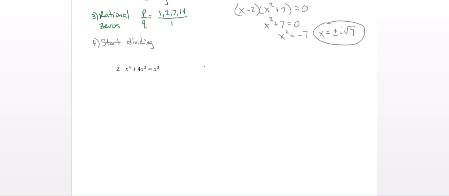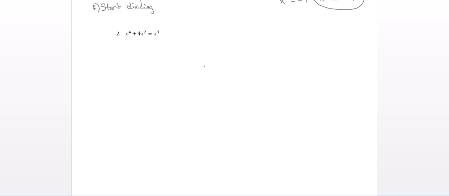All right, let's do one more. This video is getting a little long, but some of these things just require time. So my first step, I'm going to set it equal to 0, and I'm going to write it in decreasing order. So I'm going to make sure I put that x cubed in between, right? Make them in order. Now, before I do anything else, I see that factoring, right? Don't forget our basics of factoring.